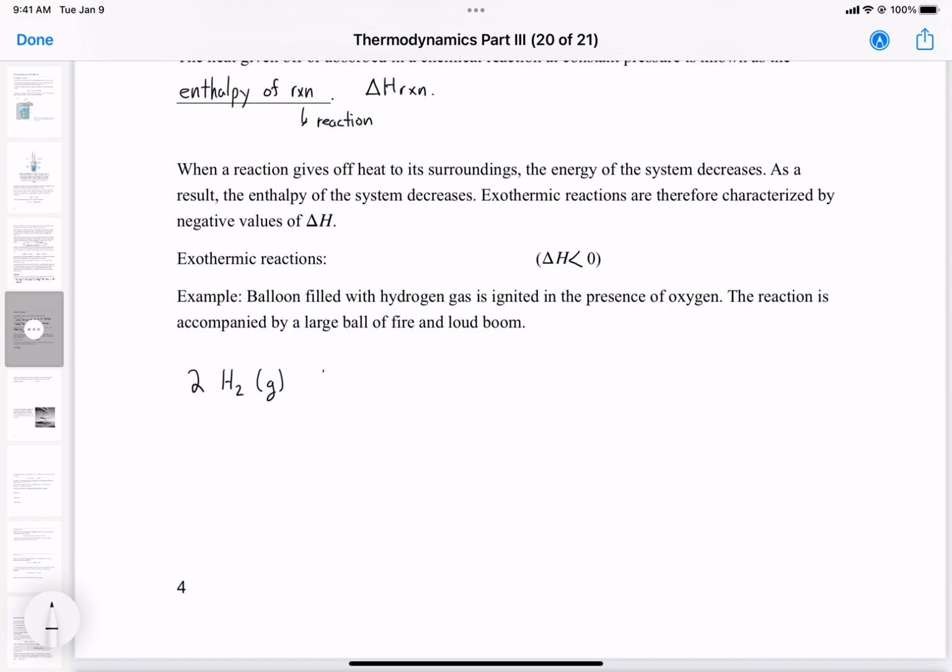But when we ignite it, it's going to give off a lot of energy in the form of heat and light. Okay? So we're going to go down in energy because we're giving off heat. And then what we get is 2 H2O molecules.